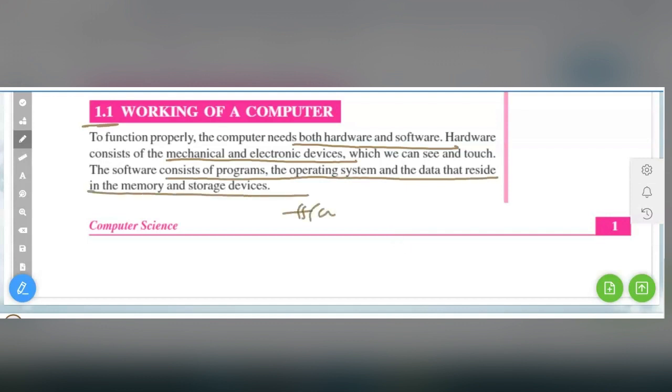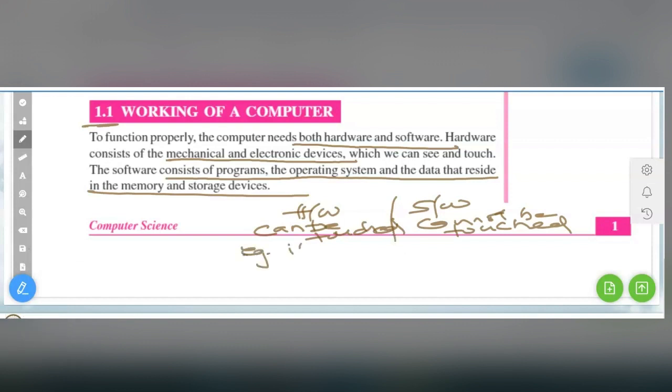Hardware and software, the basic difference is that hardware can be touched and software cannot be touched. You can say the hardware includes input and output devices, the devices that are in the computer.